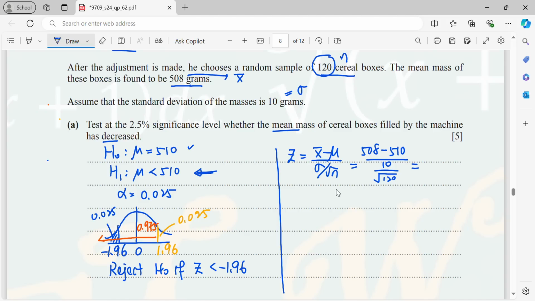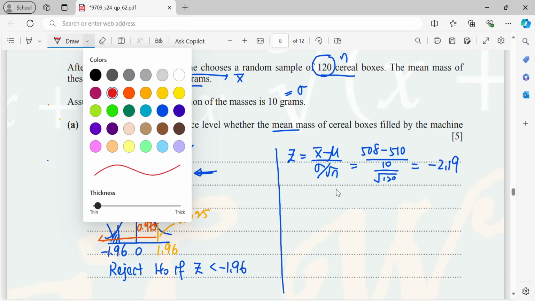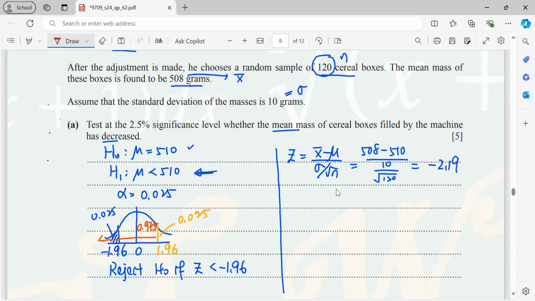Then you will be getting the answer of negative 2.19, correct to 3 significant figures. Now I will mark this negative 2.19 on the region. That means it is inside the region. Therefore here I will write, since Z is less than negative 1.96, based on this rejection criteria, I need to reject H naught.